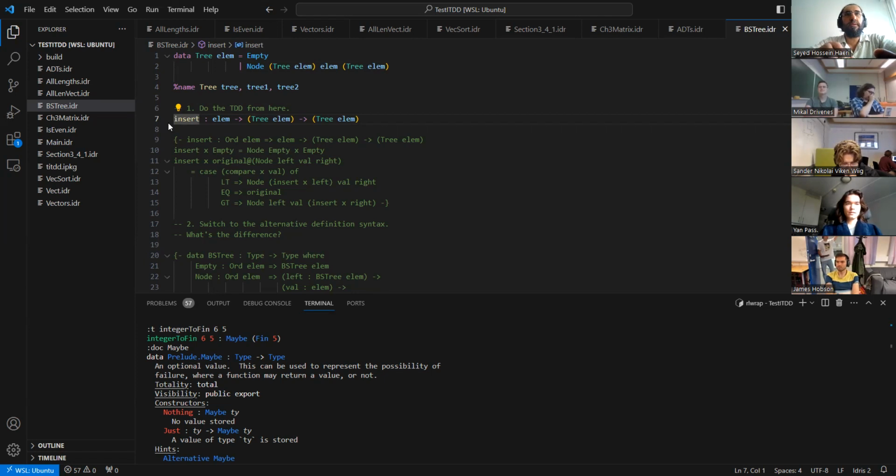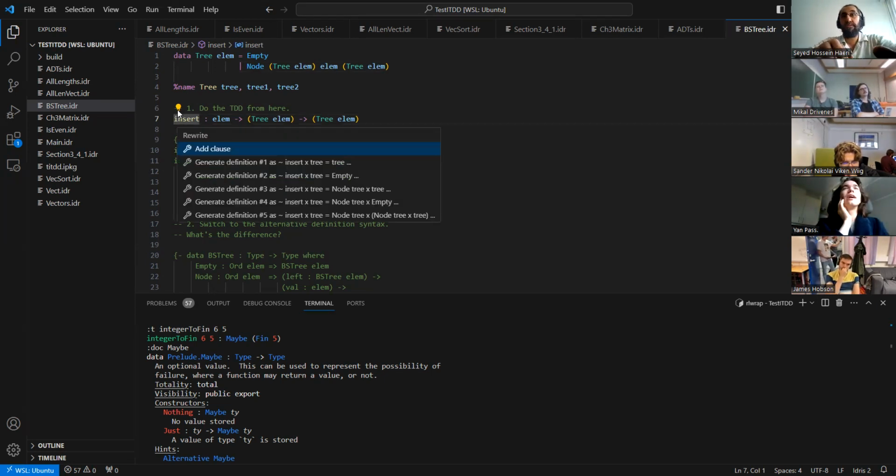So right, the usual TDD. Jan, what do we do first? We case split. Well, we generate the first case. Sorry. Okay. In fact, there is also the Add clause possibility of doing some of the work, right? But that's fine.